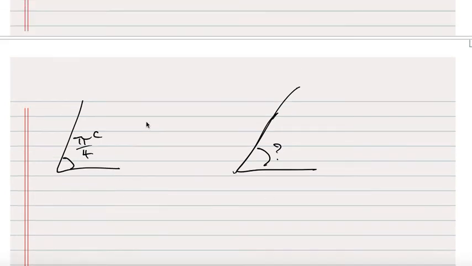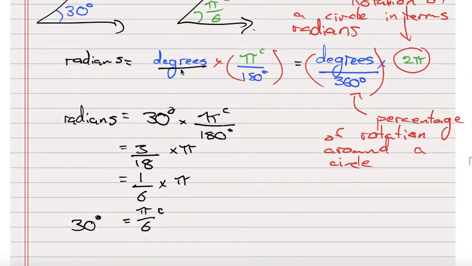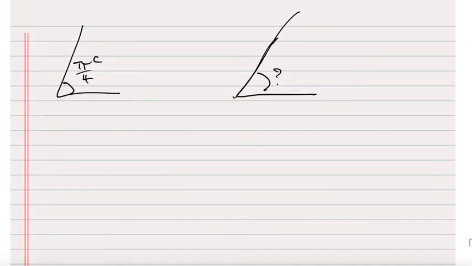Well, the way in which we do that, notice up here, we did degrees times pi over 180. We're going to do the reverse now. We're going to go degrees equals radians, multiplied by 180 upstairs, and then downstairs we're going to put pi.